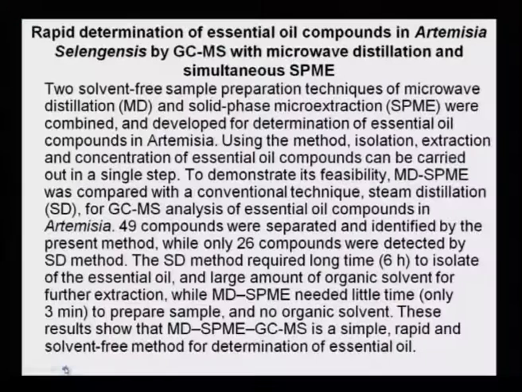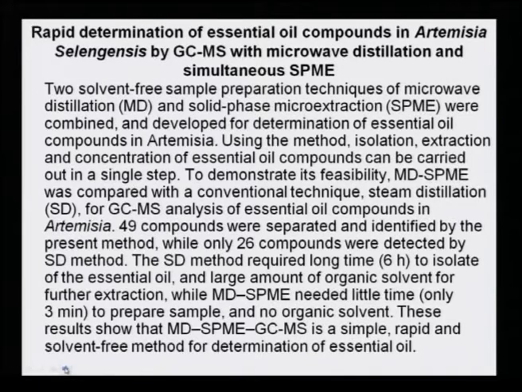So, one needs to make this comparative data and to see which method is more applicable in the determination of essential oil in artemisia.